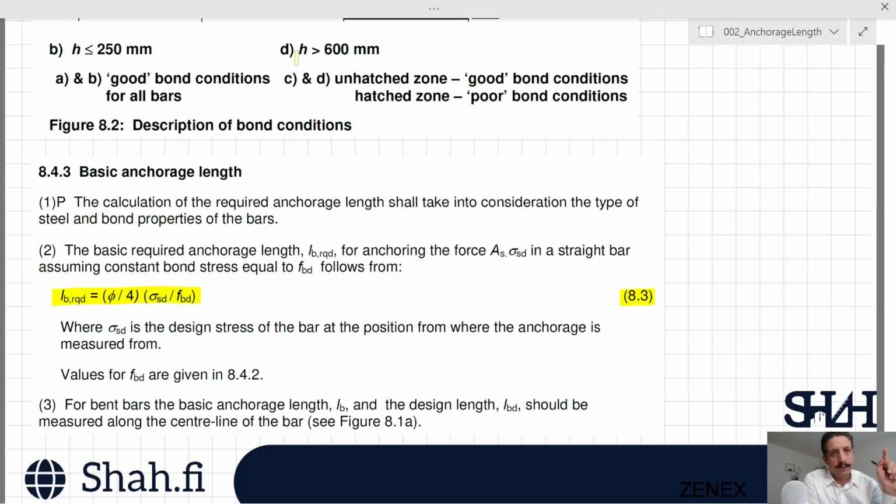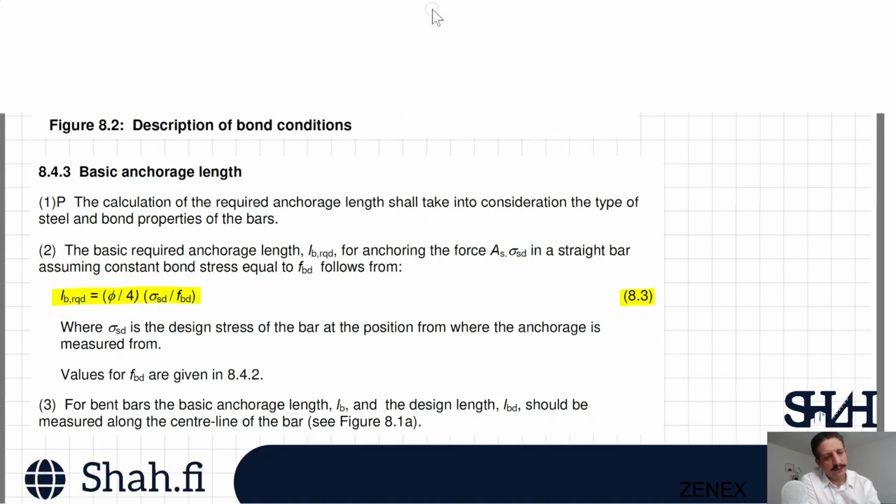Number 1, the calculation of the required anchorage length shall take into consideration the type of steel and bond properties of the bars. The basic required anchorage length LB required for anchoring the force AS times sigma SD in a straight bar, assuming constant bond stress equal to FBD, follows from this equation.